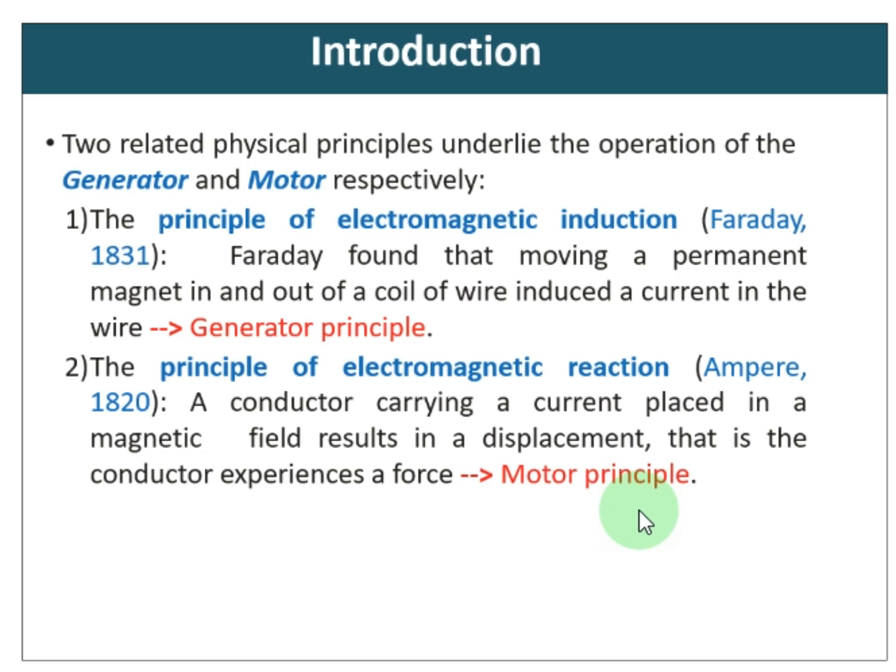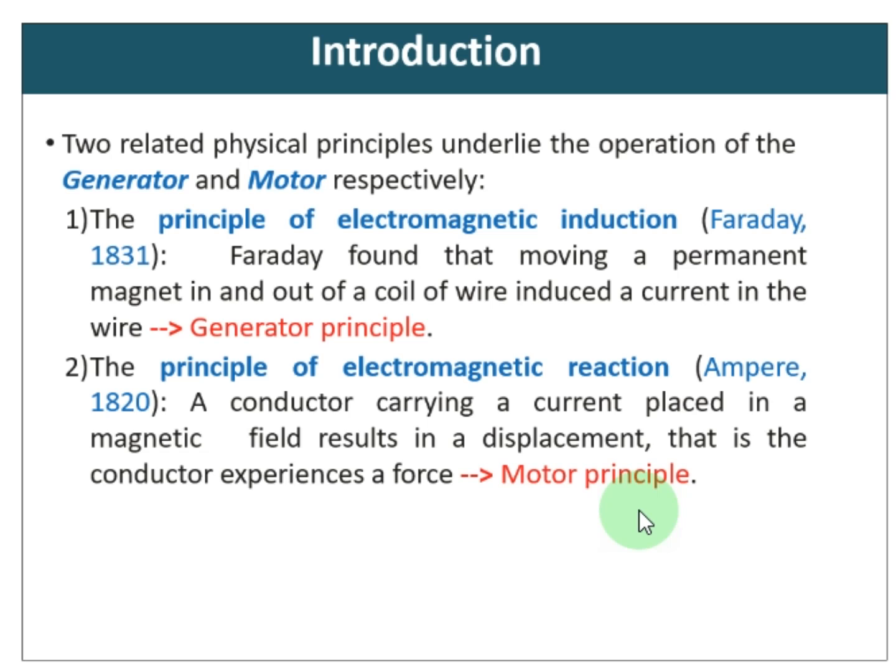If there is a relative movement between the magnetic field and a conductor at a certain speed, an EMF will be generated on the conductor, so that the conductor is cutting the magnetic flux lines, and there will be an EMF or current generated on the conductor.